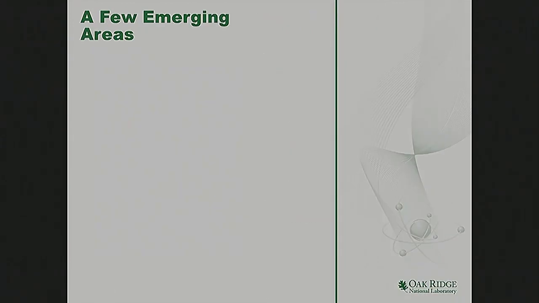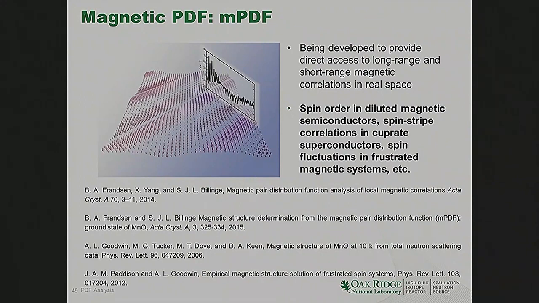Okay, and then with a few minutes left, I'll discuss some emerging areas in total scattering techniques. So I don't know if you've ever thought about it, but with neutrons, we also are sensitive to spin-spin interactions. And those can be local and not long range, especially in frustrated materials.